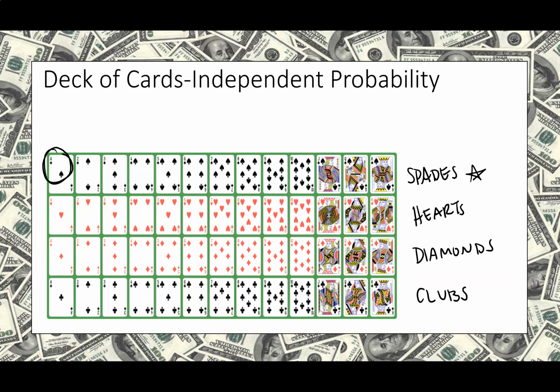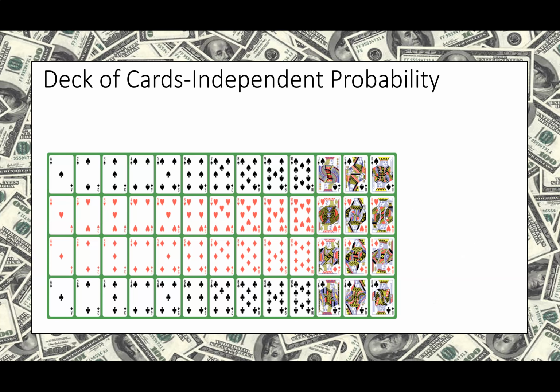There's only going to be 1 ace. All right, now that we've kind of gone over that, let's do some probabilities here. Let's find the probability that you pick a 3 and then you pick a black card, and then you pick a jack of diamonds. Now you might be saying, hey, whoa, Miss Sorensen, hold on a second.